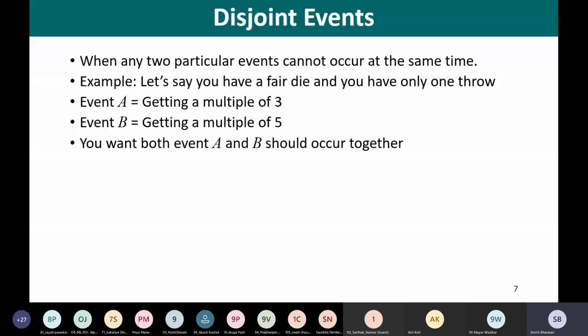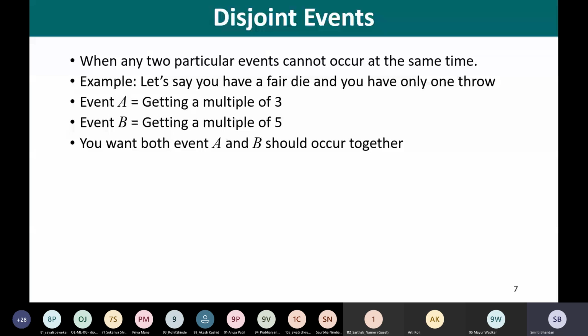So, we want that both these events A and B should occur together. Is it possible that both of these events, A and B, occur together? Because we are allowed to throw the die only once.